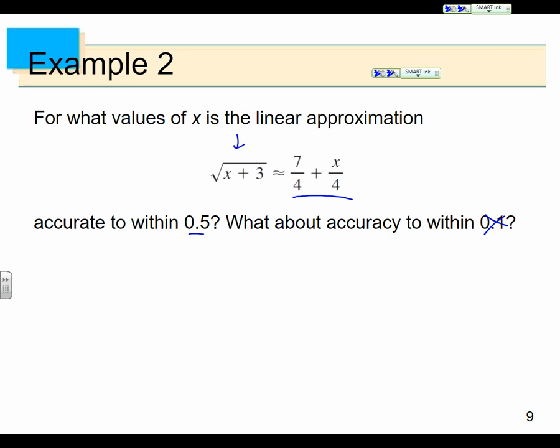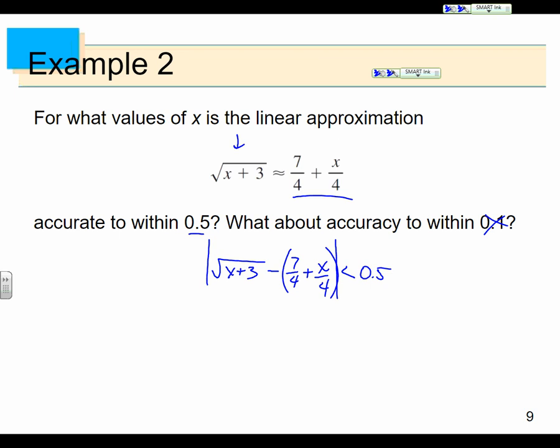So in other words, if I was to take the actual value and subtract off my linear approximation, I'm wondering how long that value stays within 0.5. I guess I need an absolute value on there to make sure if it's negative, I'm still good.